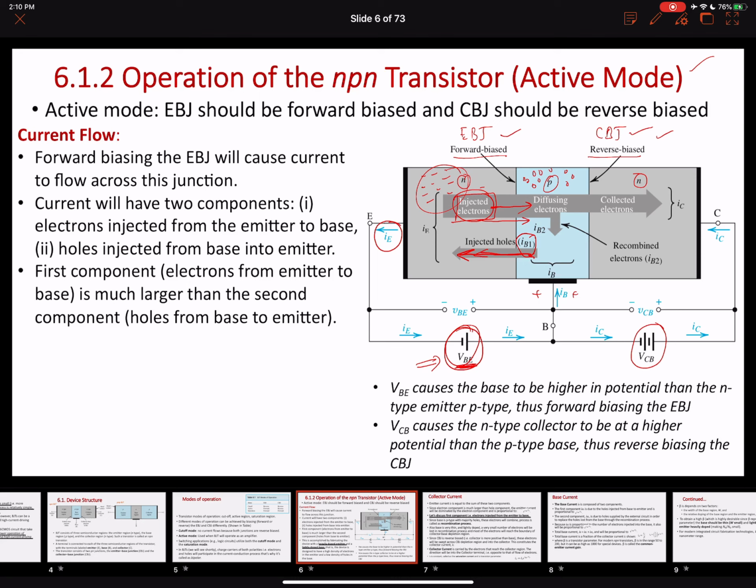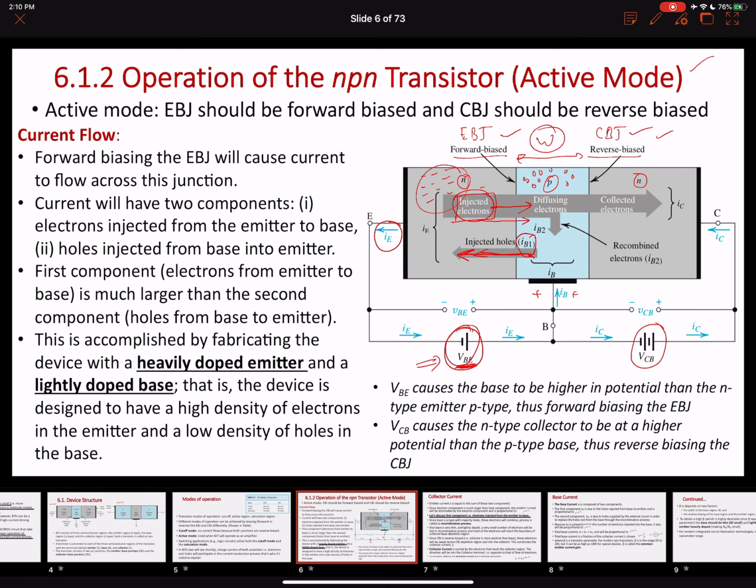The way that we can make sure this is happening is, first, the width of the base is very small as compared to the width of the emitter region. Second, our emitter is much more heavily doped as compared to the base. So in terms of the availability of majority charge carriers, in the N region we have a lot of electrons available and comparatively a very small number of holes available in the base.